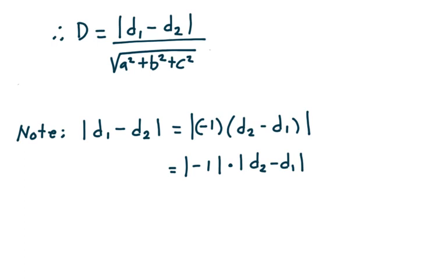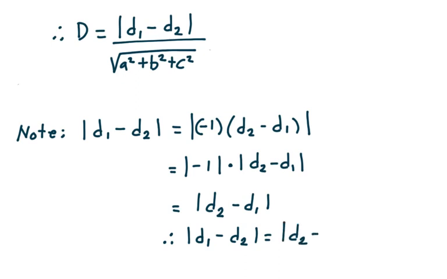But the absolute value of negative 1 is 1. And so this is the absolute value of D sub 2 minus D sub 1. And so therefore, the absolute value of D sub 1 minus D sub 2 is the absolute value of D sub 2 minus D sub 1. So I wanted to make a note of that.